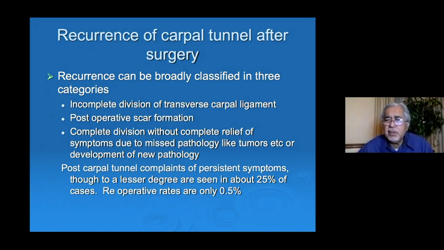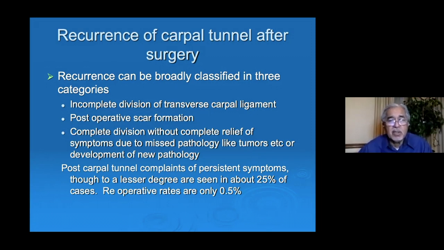because of a few causes. Number one, incomplete division of the transverse carpal ligament, obviously. Postoperative scar formation, which can happen, mostly in people who are not moving the hand after surgery, or people who are being splinted for a long period of time.